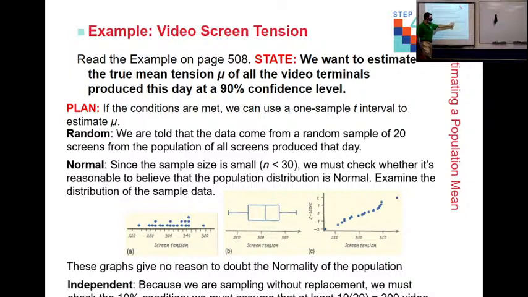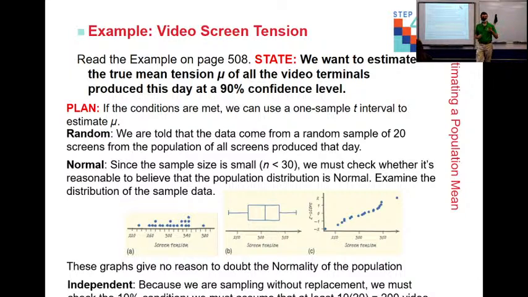Let me go back to these 3 graphs. You can get these all out of your calculator. The first value here is a dot plot. And the second one is a box plot. These two, we're looking for relative symmetry. And especially in the box plot, we have a fairly symmetric distribution. The third is a normal probability plot. I may have talked about this very briefly in chapter 2. A normal probability plot puts all the values on the x-axis and the z-scores of those values on the y-axis.